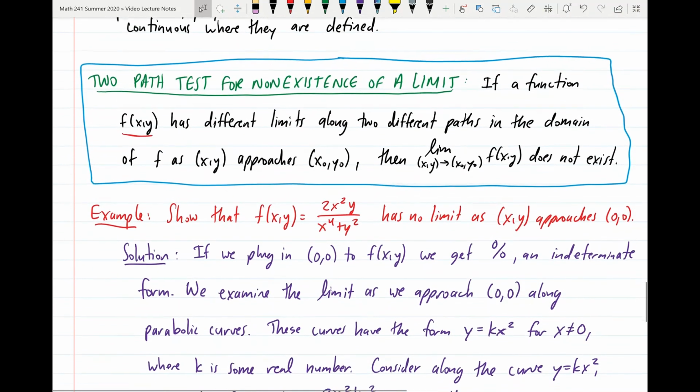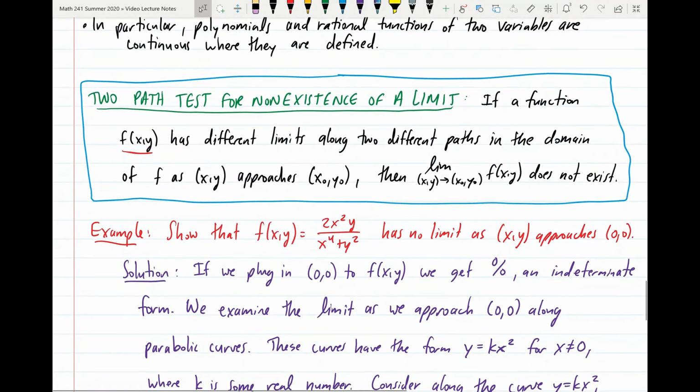But again, this test is not sufficient to show that a limit does exist. So if I just pick two arbitrary paths and I approach my limit point along these two different paths, and I find that the limits along the two different paths are equal, it is still very possible that the limit will not exist for that point.